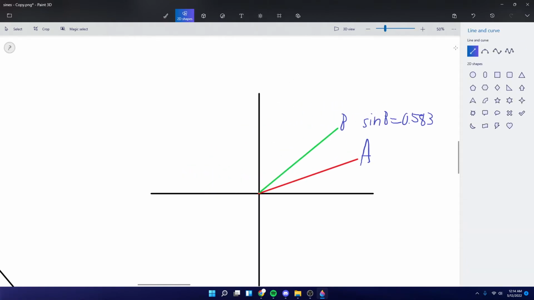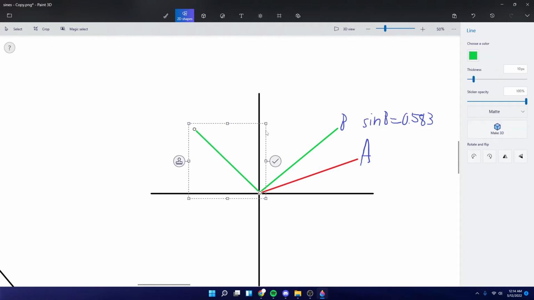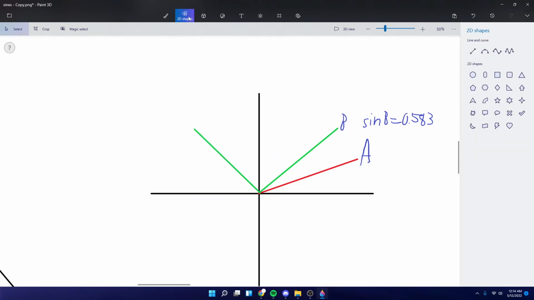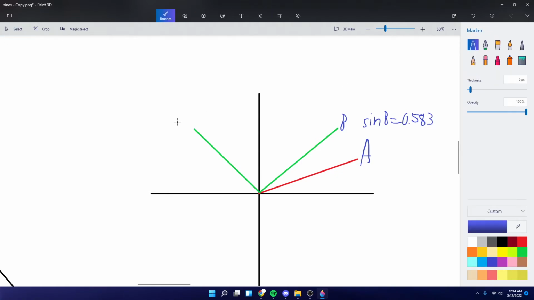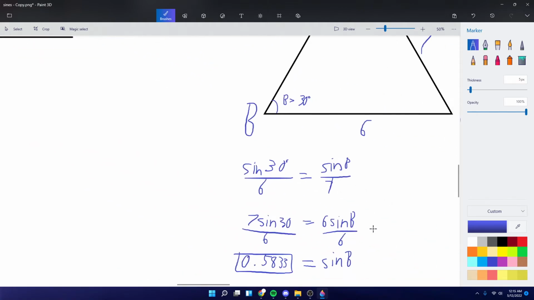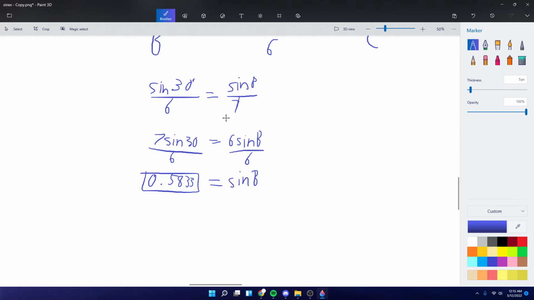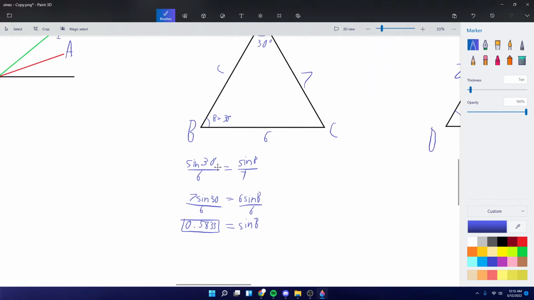All right, now let's look at another angle over here, other side. This is a different angle now, except call this B sub 1, really. Call this B sub 2. We have two different angles. But the thing is that sine of B sub 2 is also equal to 0.583. Meaning that this has two possible angles. There are two possible angles for B.